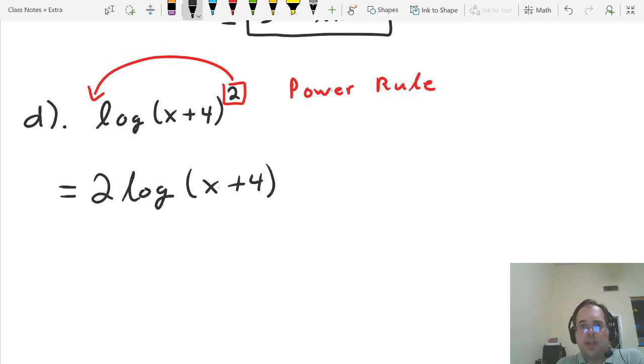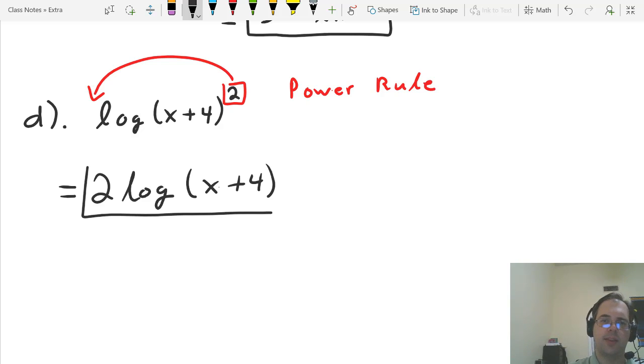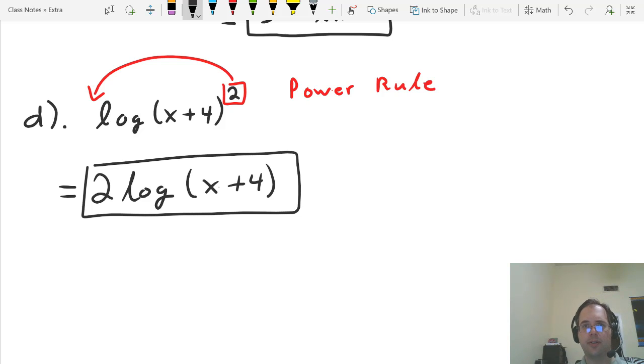And at this step, we're good to go. We use the power rule to move the exponent to the front, and that's actually all we can do with this logarithm.